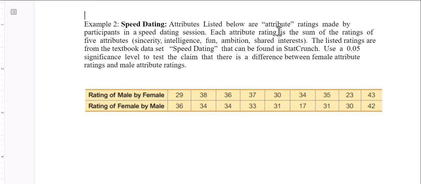The listed ratings are from the textbook dataset, speed dating, and you can find it in StatCrunch. Use a 0.05 significance level to test the claim that there is a difference between female attribute ratings and male attribute ratings. So here, when it says in a speed dating session, you have the ratings by females and by males, and so these are the different sessions.